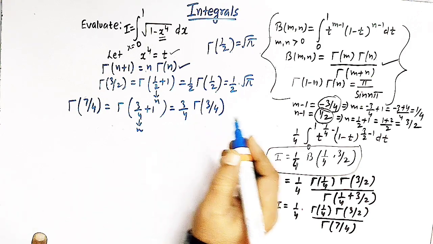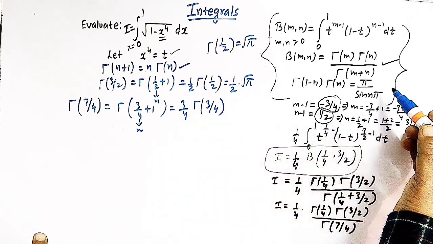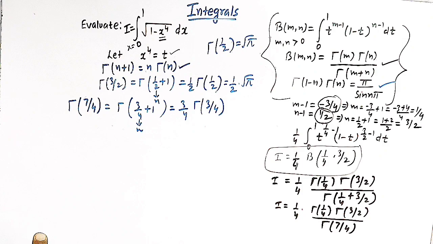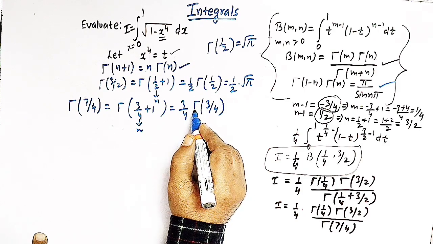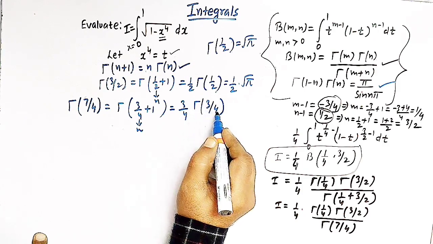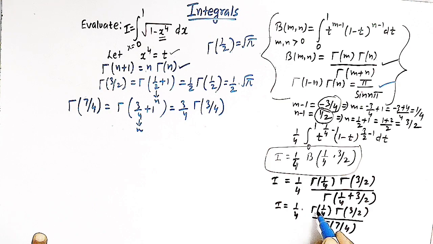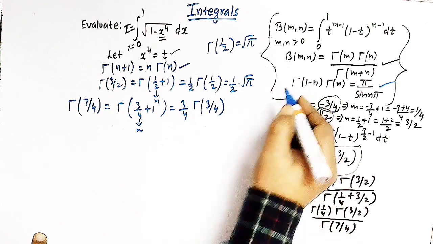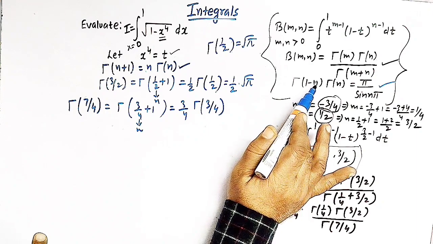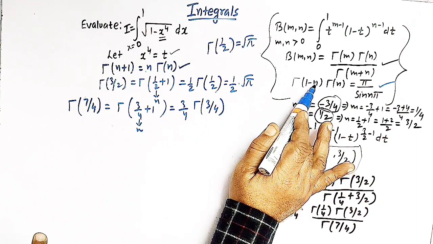Okay, now let us make use of Euler's reflection formula, right? Because we have to express gamma 3 by 4 in terms of gamma 1 over 4, right? So here we can substitute n is equal to 1 by 4.